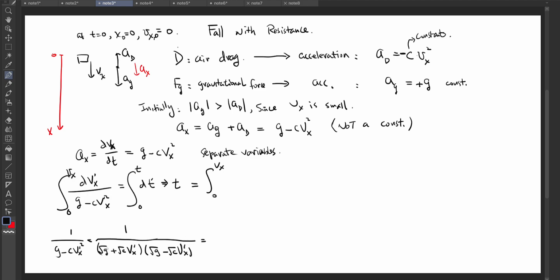And then I will separate these two factors into the following. If I look at 1 over square root of g plus square root of c Vx prime, plus this term, the subtraction term.